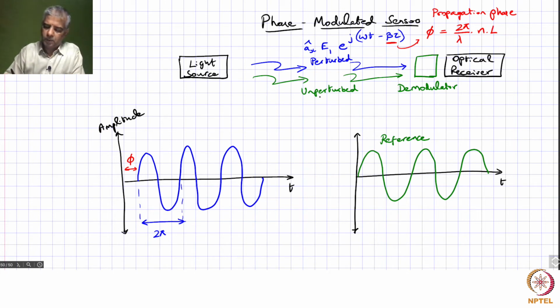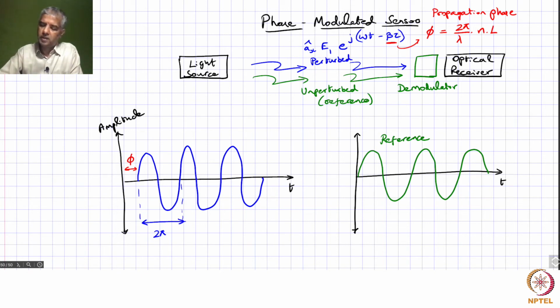This unperturbed light source is what you call a reference. If you have an unperturbed reference that has not gone through the phase modulation that the perturbed wave is going through, then of course, you can possibly convert this phase modulation to intensity modulation.